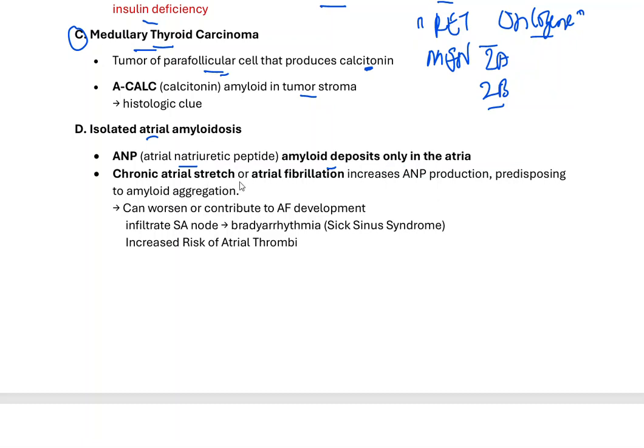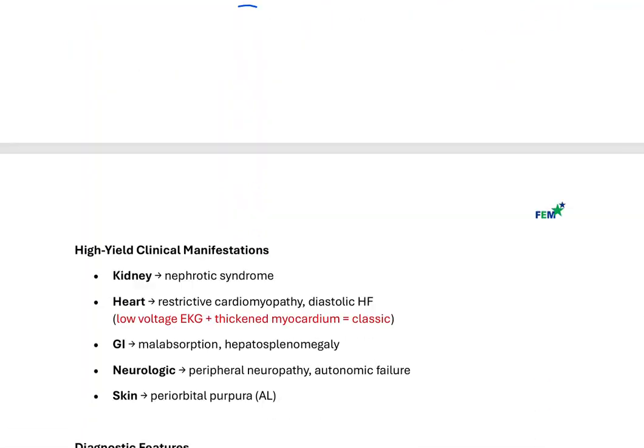So chronic atrial stretch or atrial fibrillation increases ANP production, predisposing to amyloid aggregation. And this amyloid aggregation in the atrium could actually worsen or contribute to the atrial fibrillation. It could infiltrate the SA node, thereby predisposing this patient to sick sinus syndrome. And that could also increase their risk of atrial thrombi, as we see with atrial fibrillation.